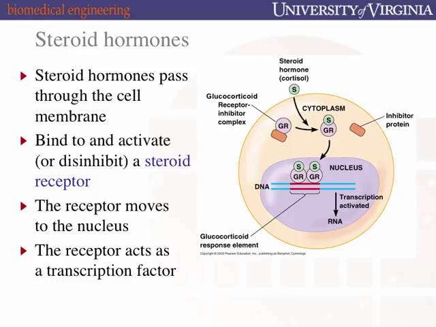These also can dimerize to serve as a transcriptionally active unit. There are steroid response elements, DNA elements in our genome that serve as the docking sites for these steroid receptors. They dock onto those DNA elements and then will promote transcription in the vicinity of where they bound.